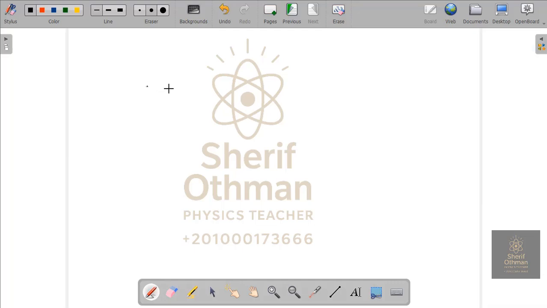Another way, let's say that the total momentum before collision, which is P1 plus P2 before collision, is equal to the total momentum after collision, P1 plus P2. Here, before collision, and here, after collision.